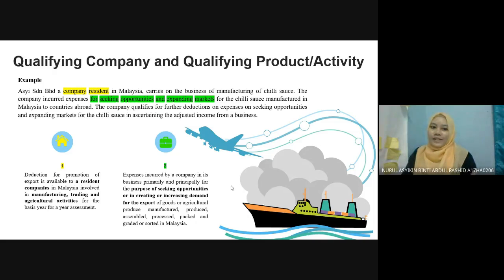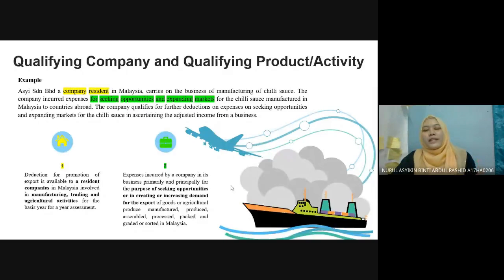So for example, Ashi Sendirian Berhad, a company resident in Malaysia, carries on the business of manufacturing chili sauce. The company incurred expenses for seeking opportunities and expanding the market for the chili sauces manufactured in Malaysia to countries abroad.